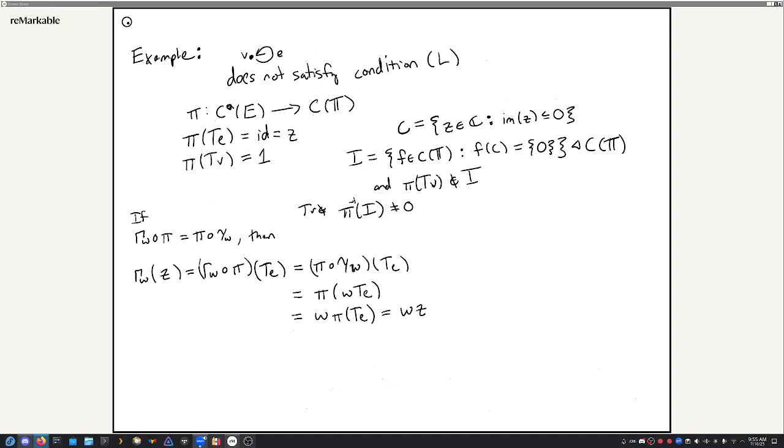So this is an automorphism of continuous functions on a circle. This multiplication of the identity by w rotates by w.